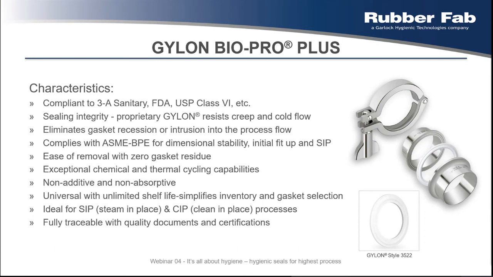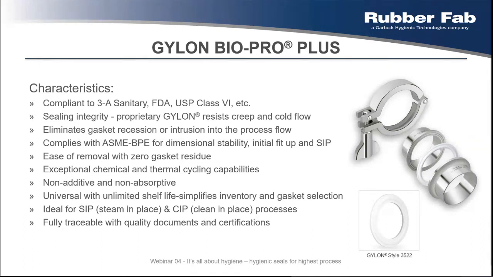The PTFE itself, in its nature, provides an unlimited shelf life, which in the end can simplify the inventory, the stock keeping, and also gasket selection. It is ideal for steam in place and cleaning in place processes, and it comes with full traceability by default.